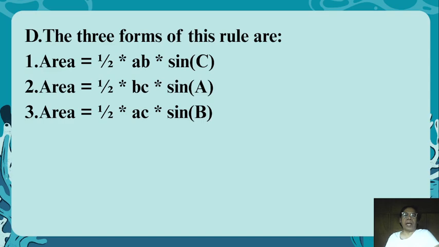In this formula, sides small a and c are given, and the included angle is angle B, so we use a capital letter for angle B. The formula for the area will be area is equal to 1/2 times small letter a times small letter c times sine of angle B.